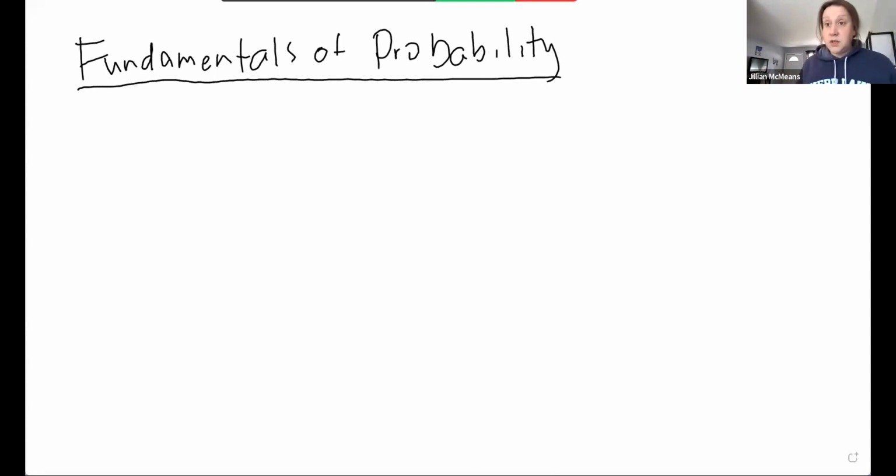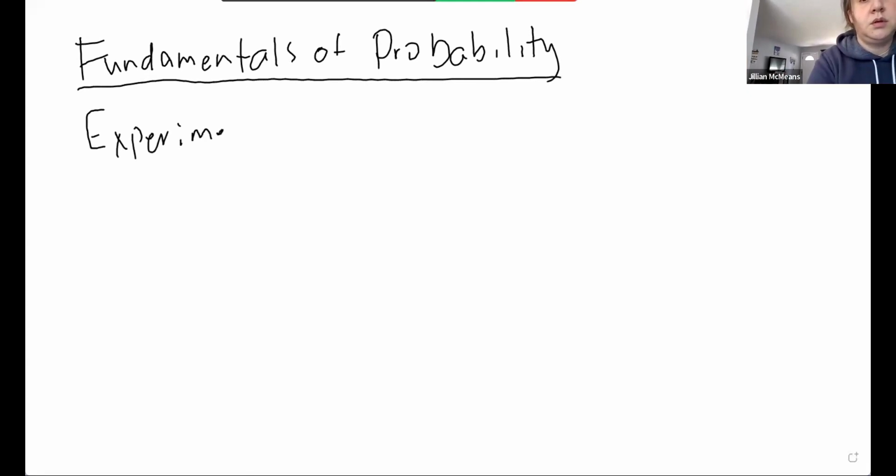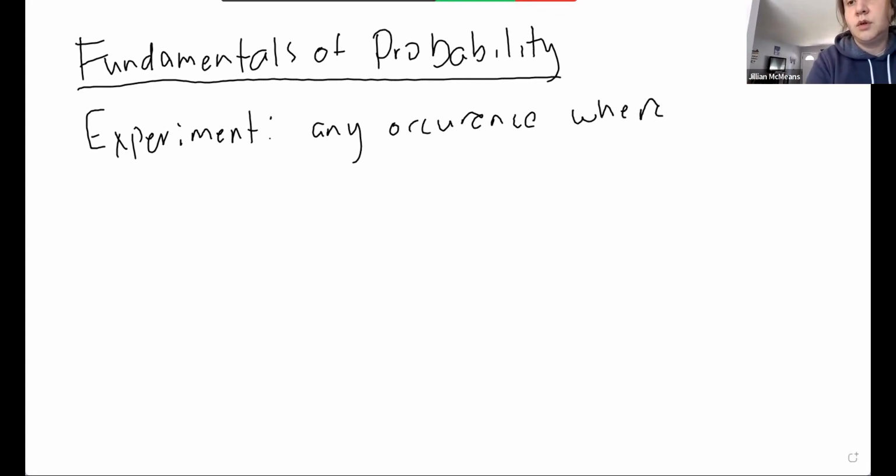There are a couple of definitions that you need to know. First is an experiment. An experiment is any occurrence where the outcome is uncertain.